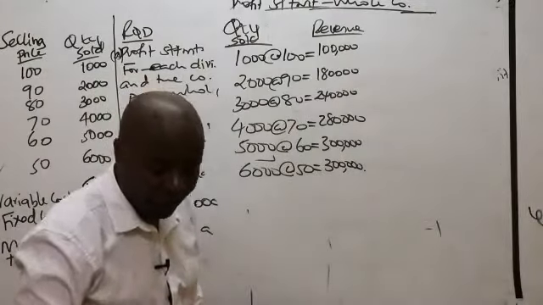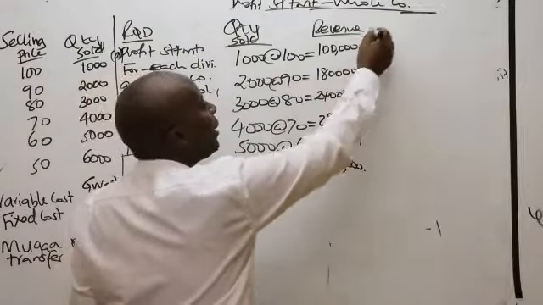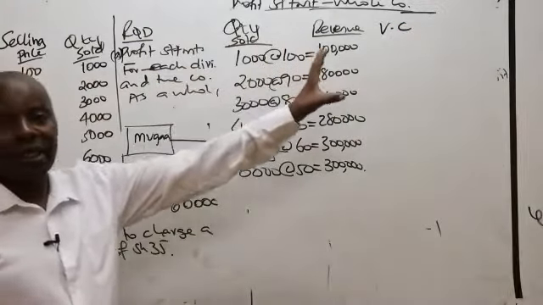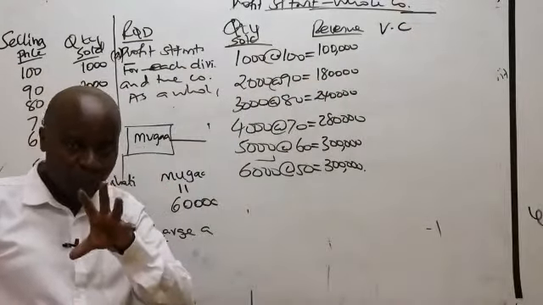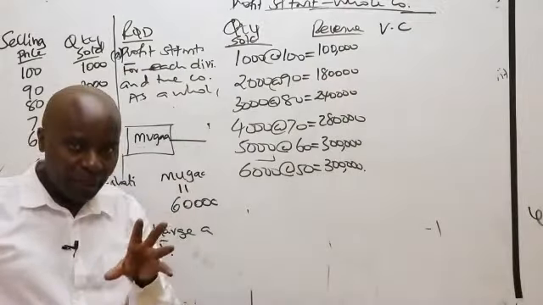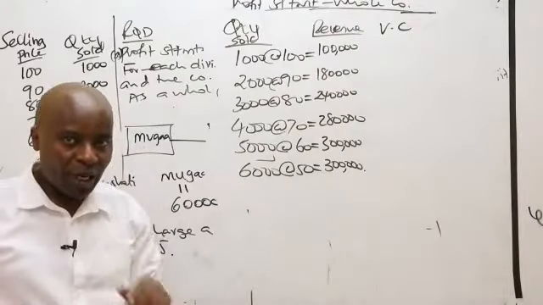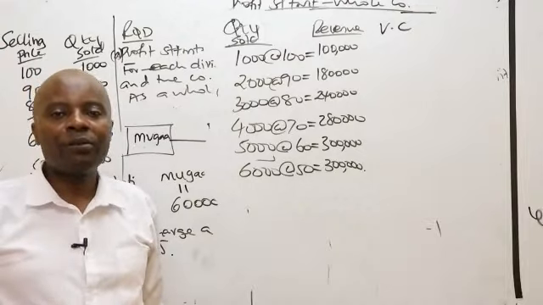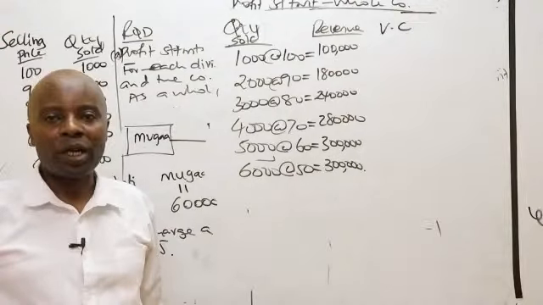Now, ladies and gentlemen, after that, kindly come and give us the variable cost of the whole company. That is where I would really want to involve you. Could you kindly give me the variable cost of the whole company?